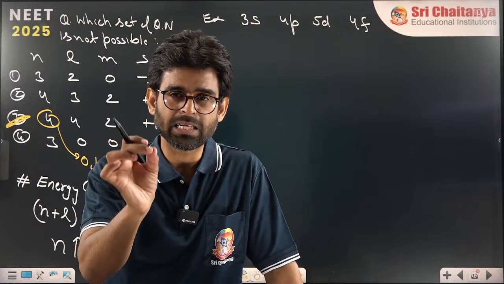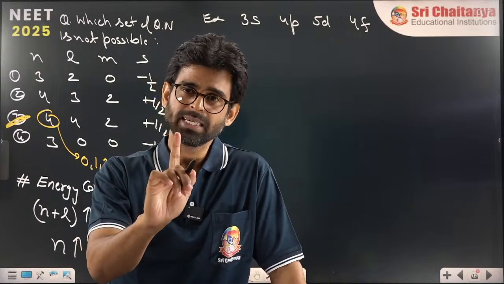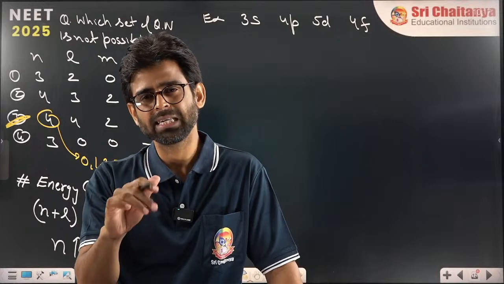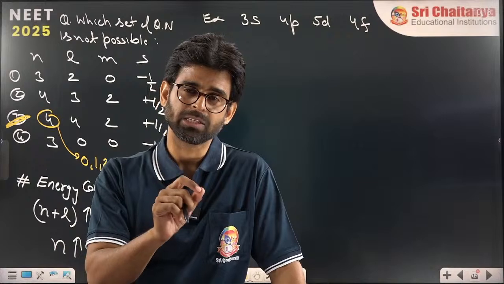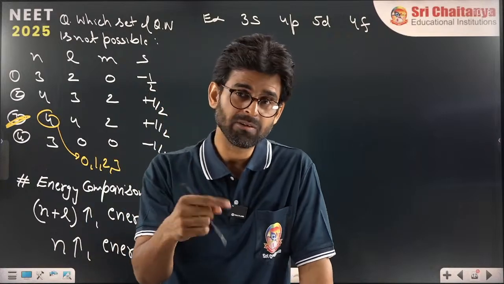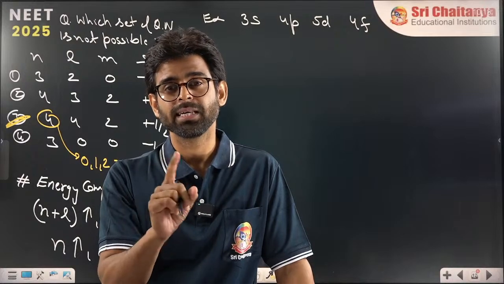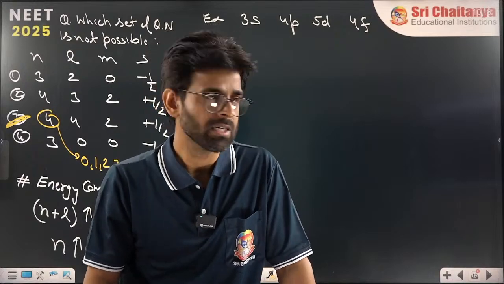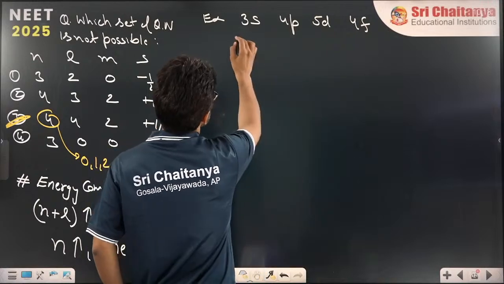In a single-electron system like hydrogen or helium plus, only n decides energy: the higher the n, the higher the energy. But in multi-electron atoms, n plus l decides first. If n plus l is a tie, then n will decide, right?